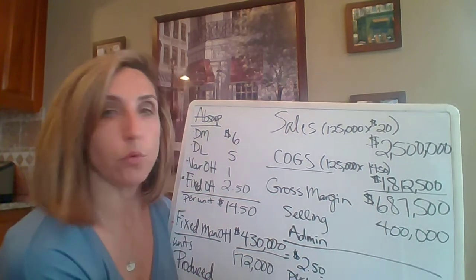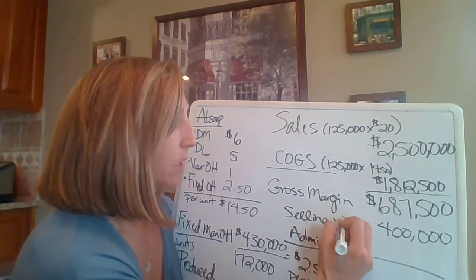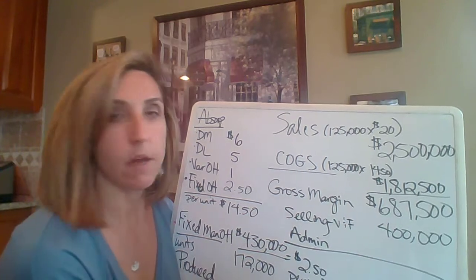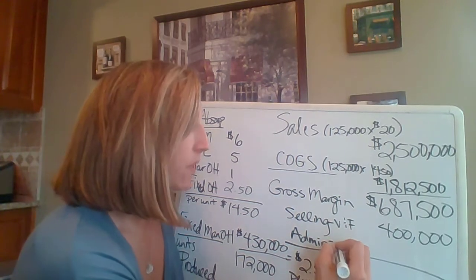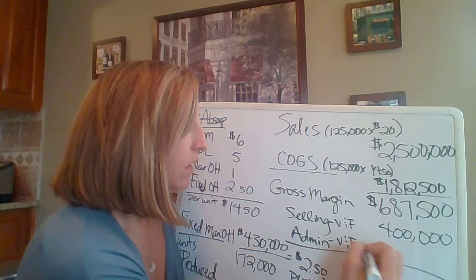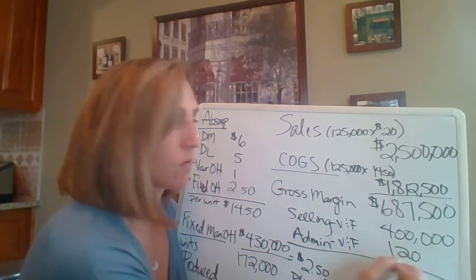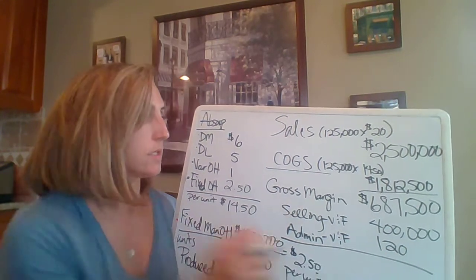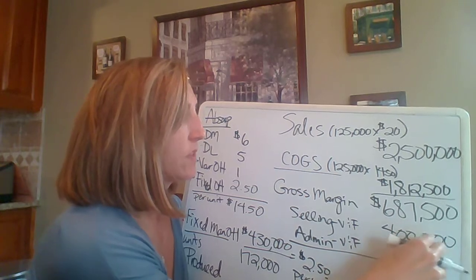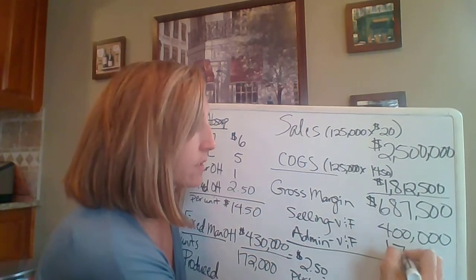So it was a total, the variable and the fixed, of $400,000. The admin, if you look back at the video, it was 170 because it was 50,000 plus 120,000.